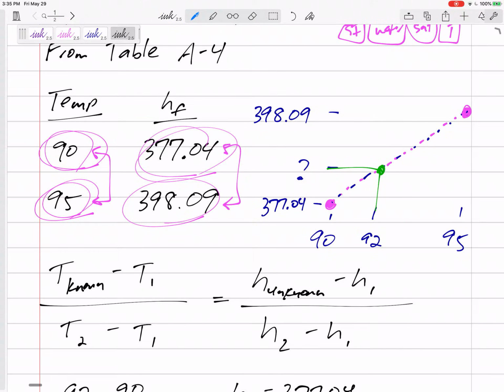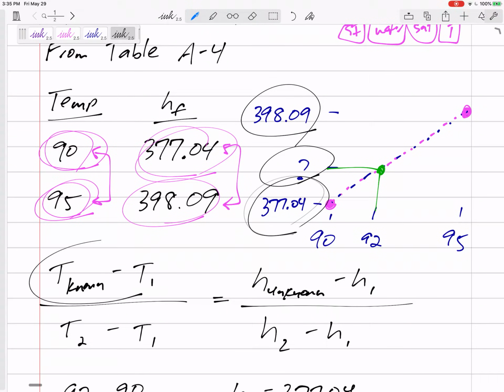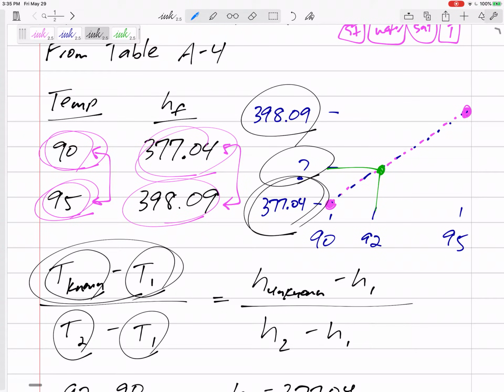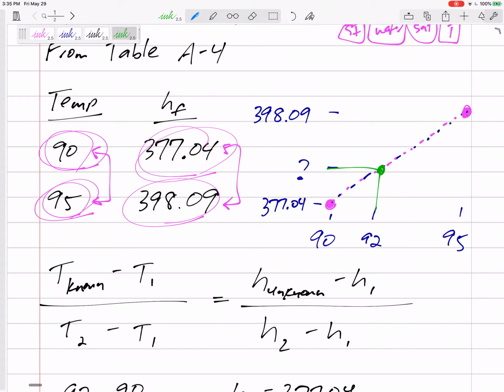I take the top minus bottom over middle minus bottom. That's what I've got here. I take the temperature, the top minus bottom over middle minus bottom, and this is really similar triangles, is what interpolation is. I'm sorry, I've kind of got these backwards, and actually it doesn't matter if you do them backwards because it's really a ratio.